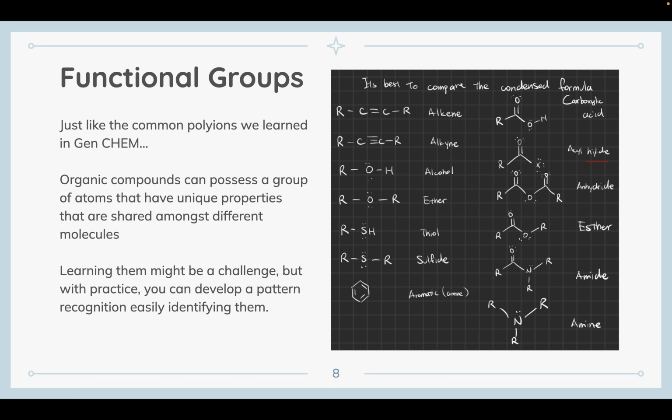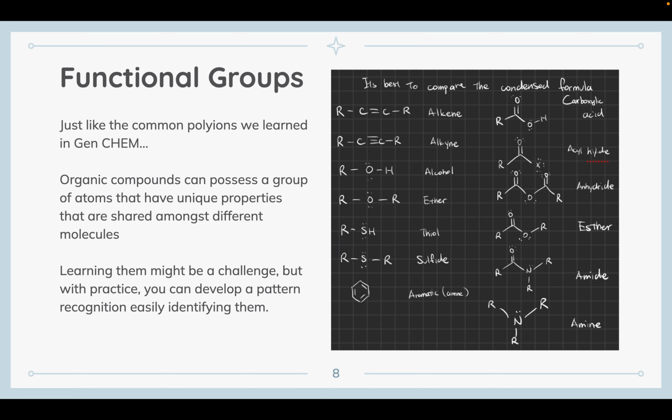So on our right, which I directly took from my notes, are some of the common functional groups that you will see in organic chemistry. Some of them, like alcohol, alkene, alkyne, thiol, amine, maybe amide, might be easy to recognize.